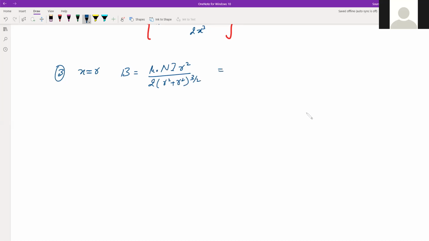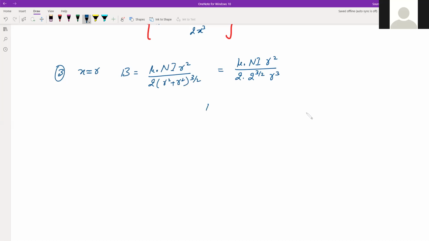So if you simplify this, it becomes mu naught n I r square divided by 2 into 2 to the power 3 by 2 into r cube.